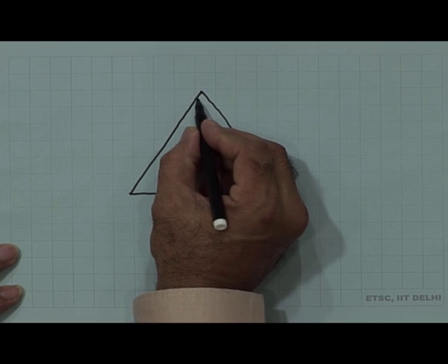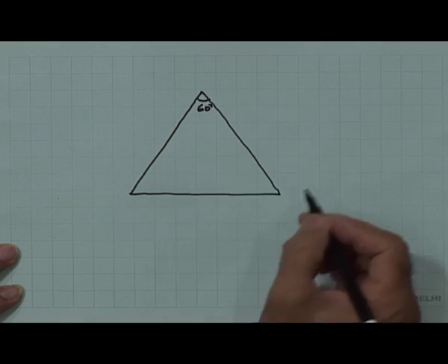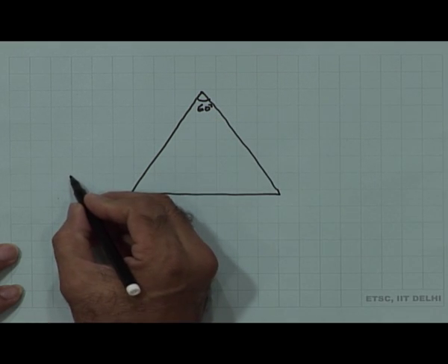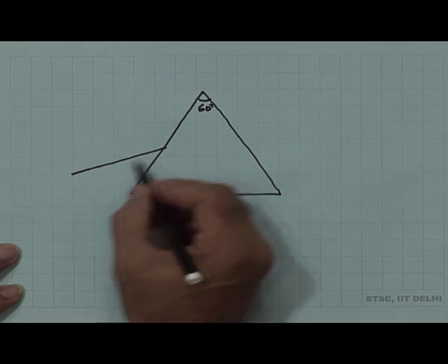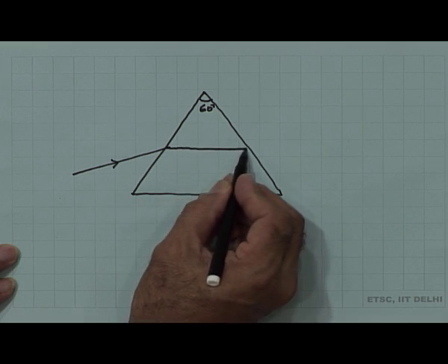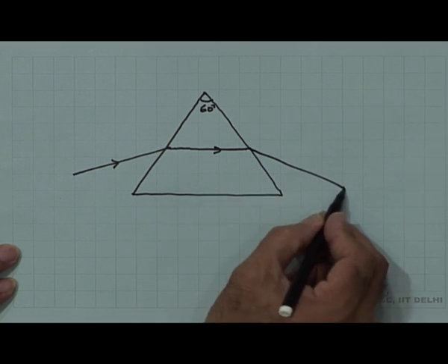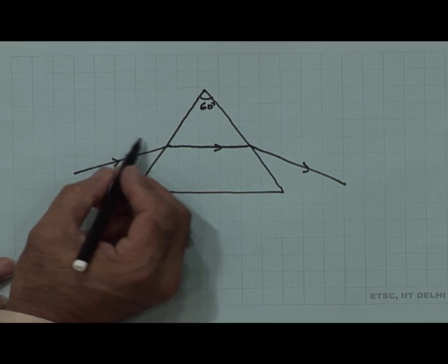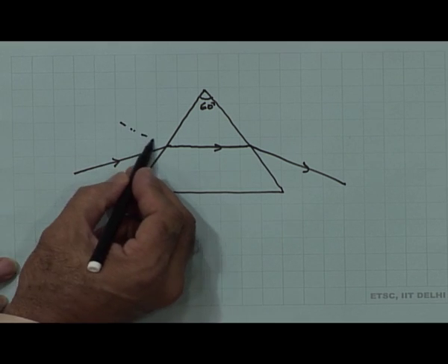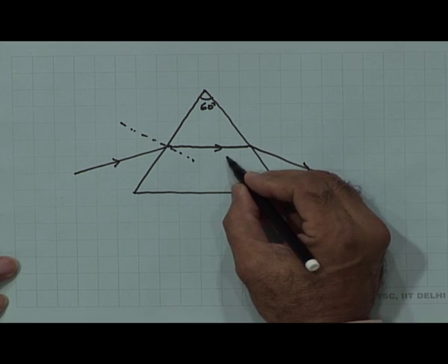So, equilateral, so the information given is that angle A is 60 degrees. There is a ray of light which is incident here and it refracts and emerges out from the other side. This is the normal here and the normal here.